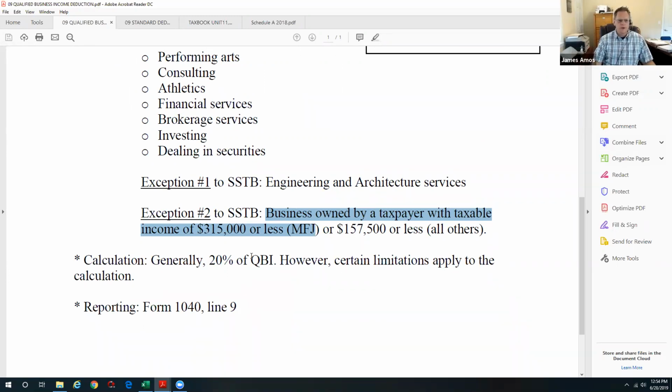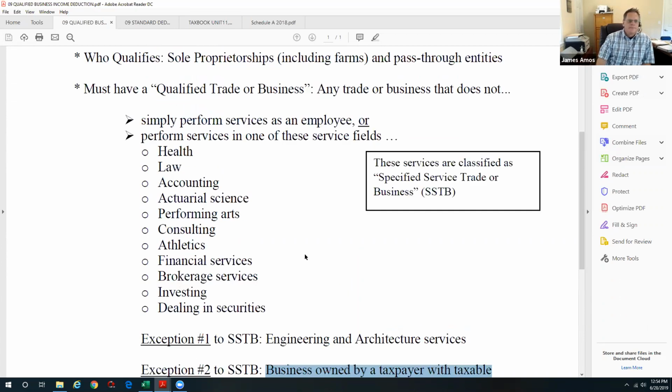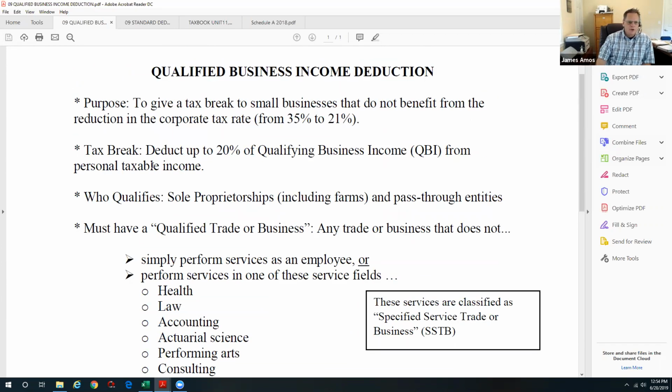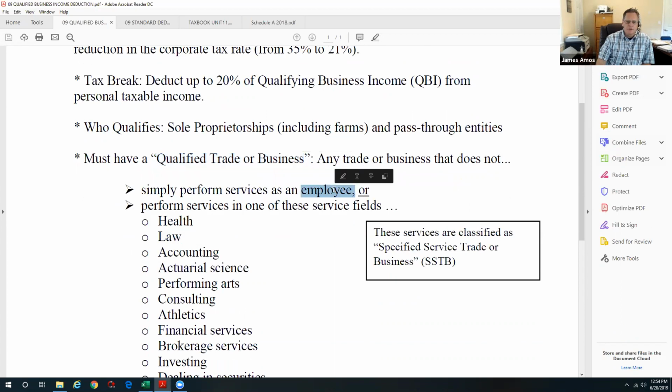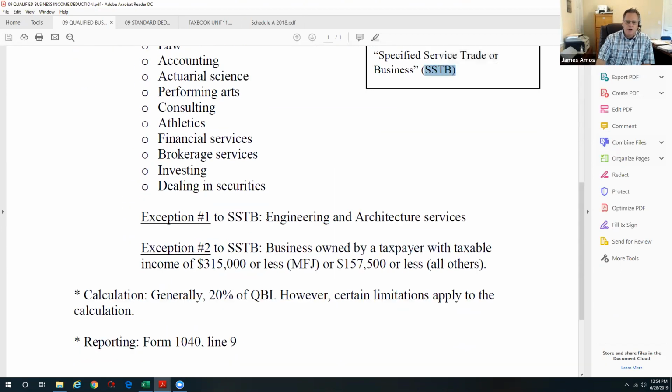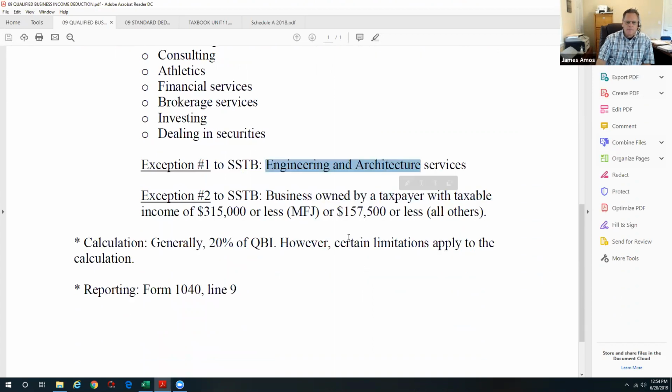Yep, you're 100% right. So, just to give this an overview again, who qualifies? Sole proprietorship. You've got to have a qualifying trade or business. By definition, that means you're not an employee and you're not providing a service in one of the SSTBs. And even if you are, you're still good if you're an engineer or architect, or if you're a business owner making $315,000 or less if you're MFJ, half that for all others.